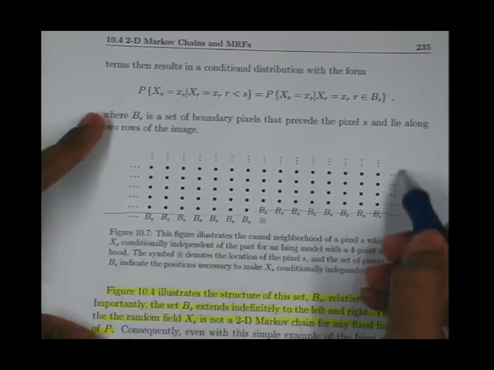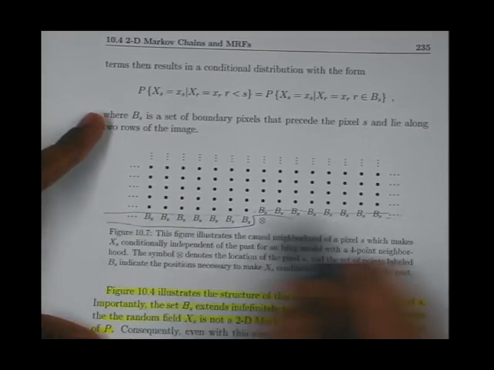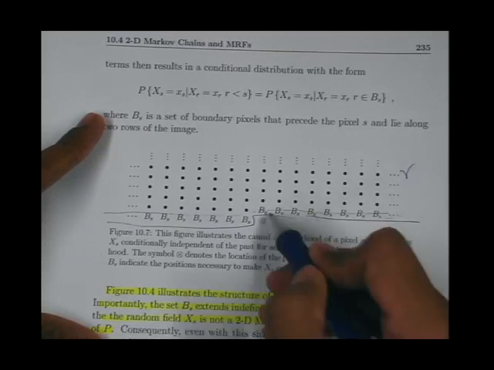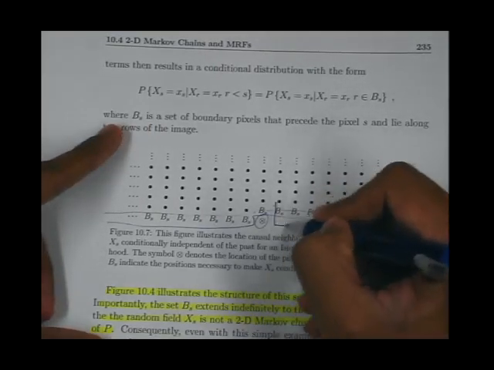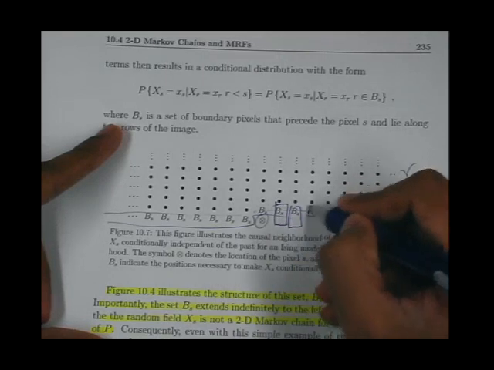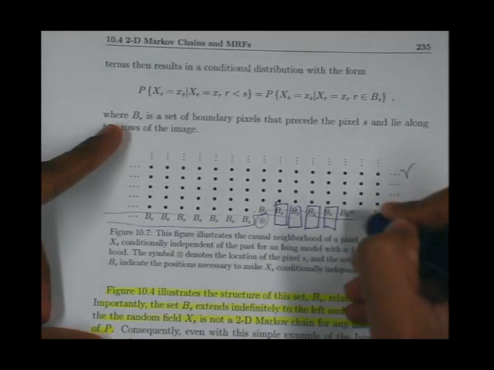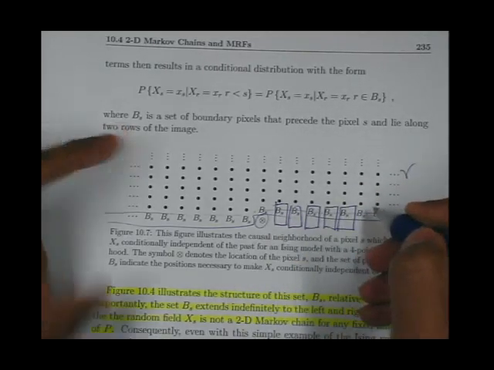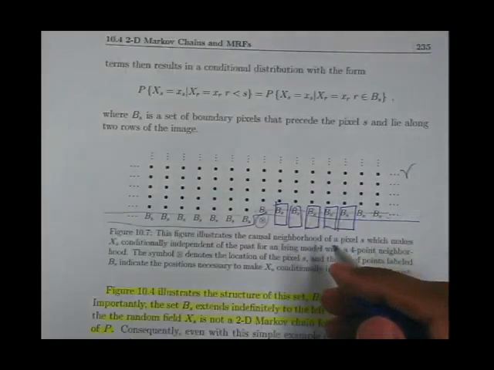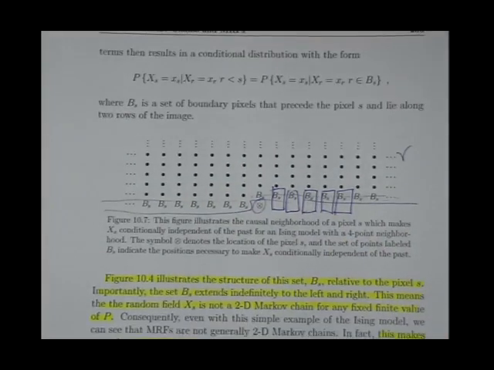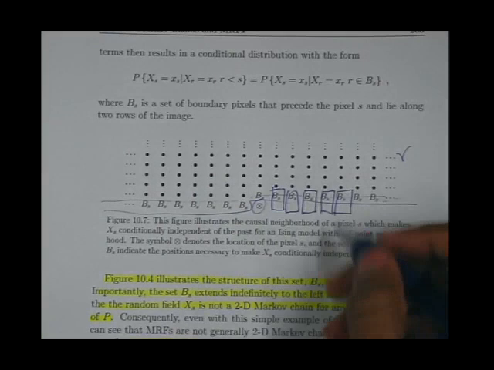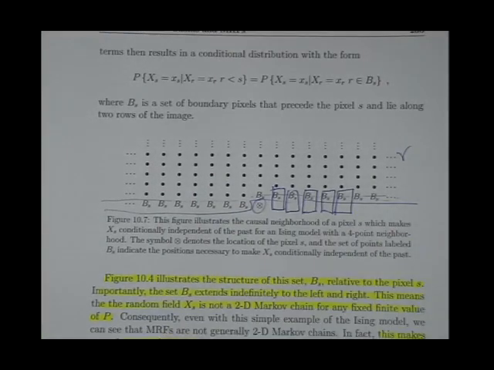So this is of course the set R, this is the center pixel, and these are the pixels beyond it. You can kind of get the intuition of what's happening because your Ising model is going to involve sums over these, along with a lot of other things which get cancelled. So this is something for you to work out, but I'm just saying that when you write out the expression for the Ising model, the boundary pixels remain in that expression.